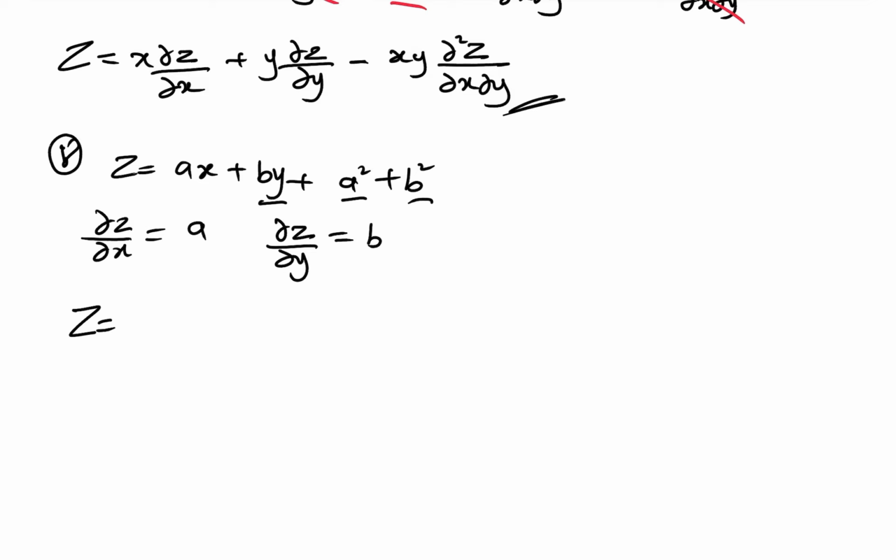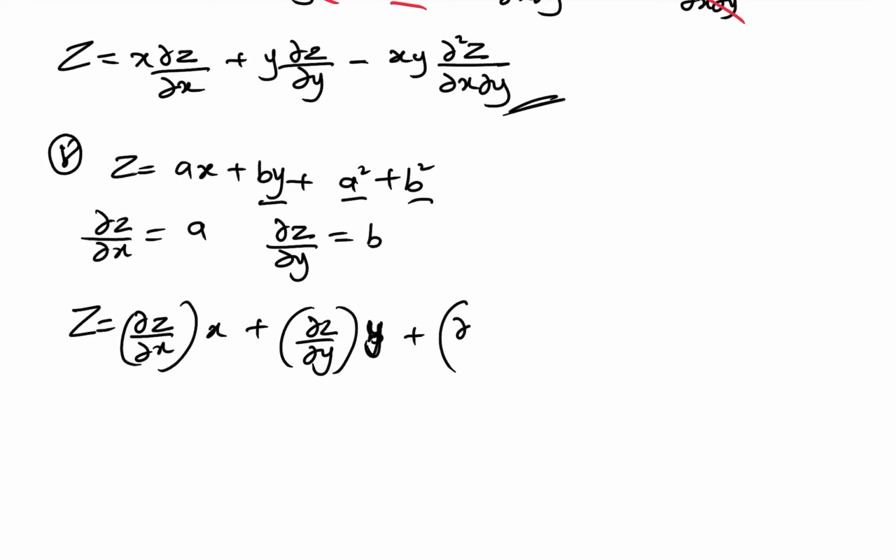Just substitute. A is dz dx, right? Plus b is dz dy times y, plus a square is going to be dz dx all squared, plus b square is going to be dz dy all squared.